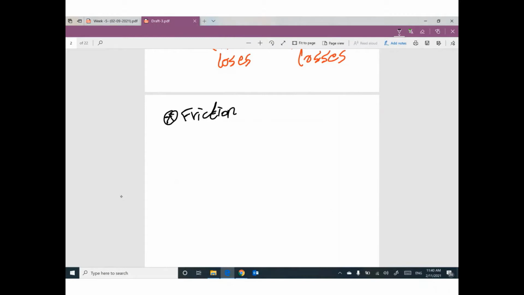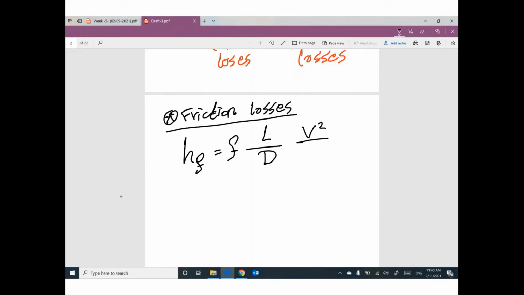According to the Darcy equation, friction losses equal f, the friction factor, times L, the length of the pipeline, divided by D, the diameter, times V squared divided by 2g.